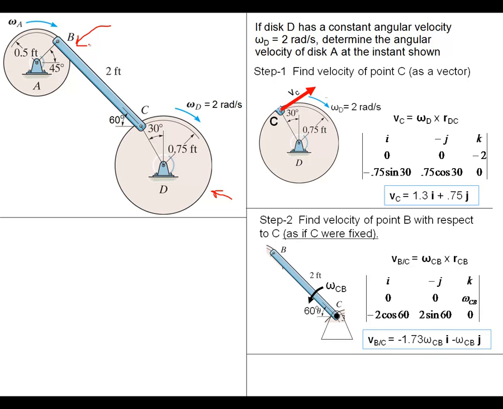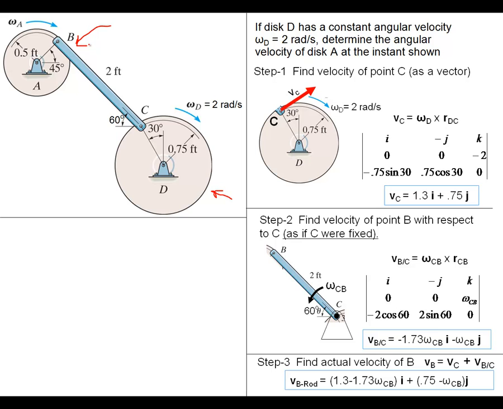Okay, now let's look at step 3. Now let's find the actual velocity of B. Well, to find the actual velocity of B, we take the translational component of that rod, which happens to be the velocity of C, and we add to it or superimpose onto it the velocity of B as if C were fixed, or the rotational component, and if we add the two together, we will get the total velocity of point B on the rod, which is shown there as this vector.